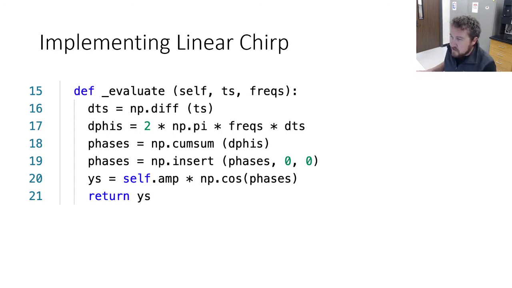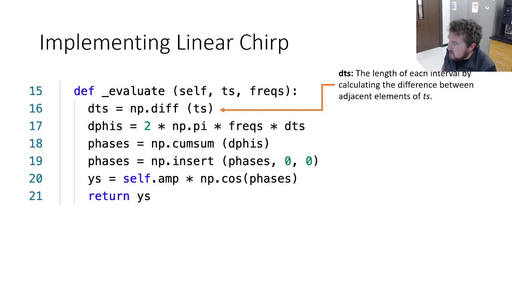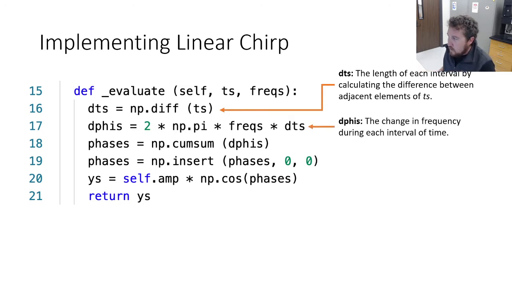The first thing that happens is dts, which lays out the length of each interval by calculating the difference between adjacent elements of TS, right? So the length in time of each segment of our chirp signal gets calculated. So this creates an array where each value is the difference between it and the next element in time. dphis is the change in phase during each interval in time, so it's just 2pi times frequencies times dts.